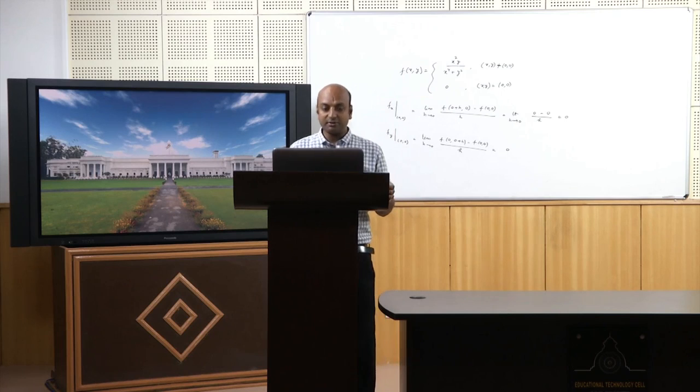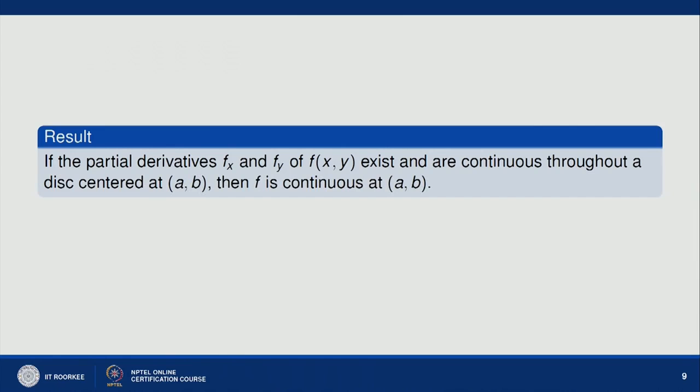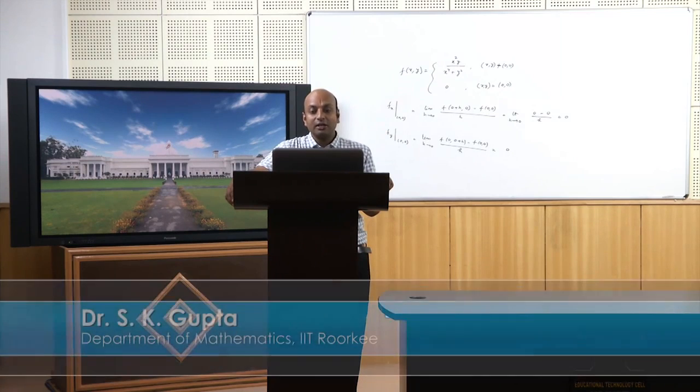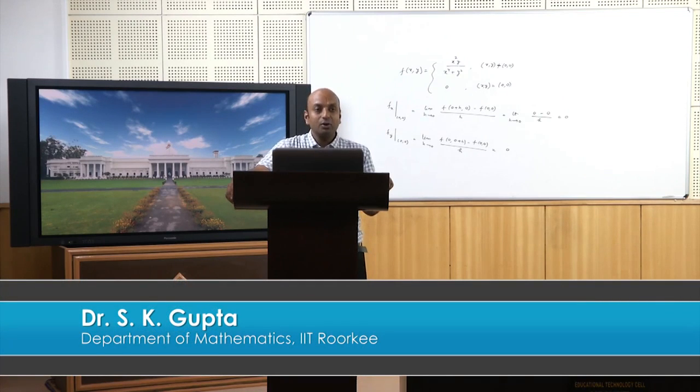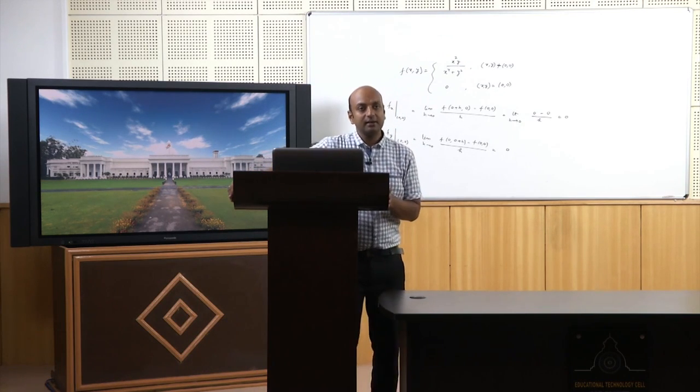That condition is basically: if the partial derivatives f x and f y exist and are continuous throughout a disk centered at a comma b, then the function is continuous at that point. That means, besides the existence of partial derivative at a point, we must have continuity of partial derivative throughout a disk centered at that point, then we can say the function is continuous at that point.